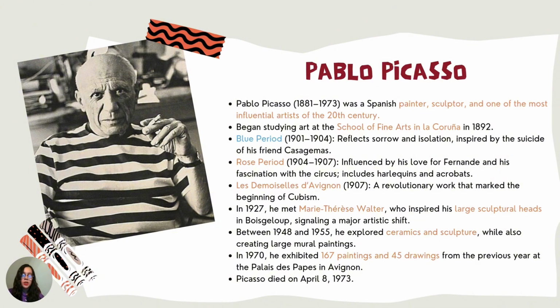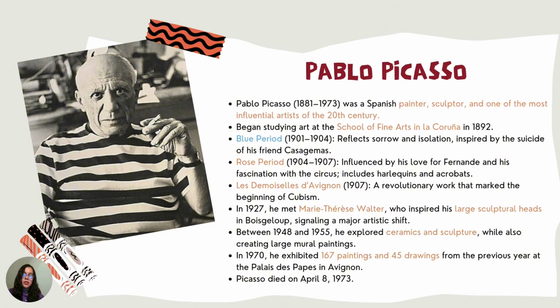Then in 1927 he met Marie-Thérèse Walter, and her anatomy inspired his large three-dimensional heads, and this marked another shift in his artistic path. Then between 1948 and 1955, Picasso developed a strong interest in ceramics and sculpture, which he alternated with large mural paintings.